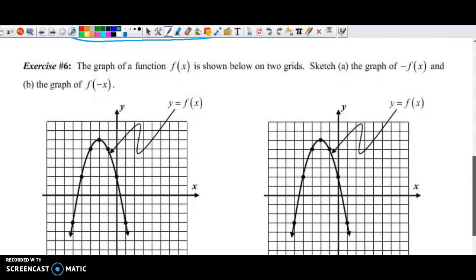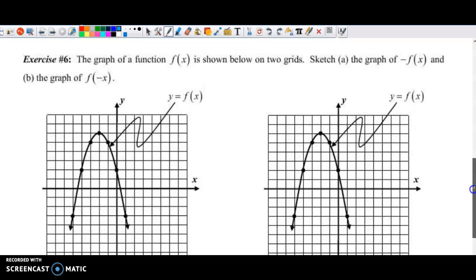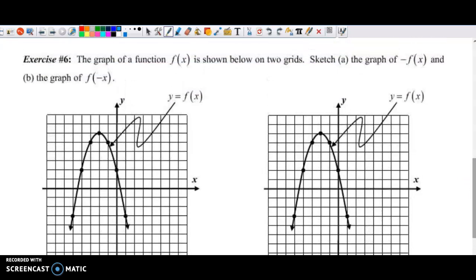The graph of the function f is shown on 2 grids. Sketch graph A of negative f of x, and then the graph of B is f of negative x. Okay, well, just a reminder, this is negating y, so negative of y, that tells me that we have an x-axis reflection.